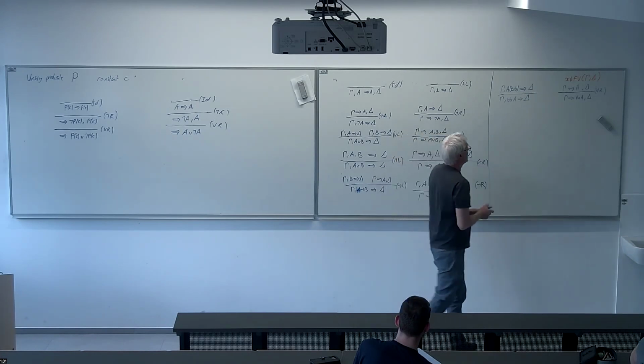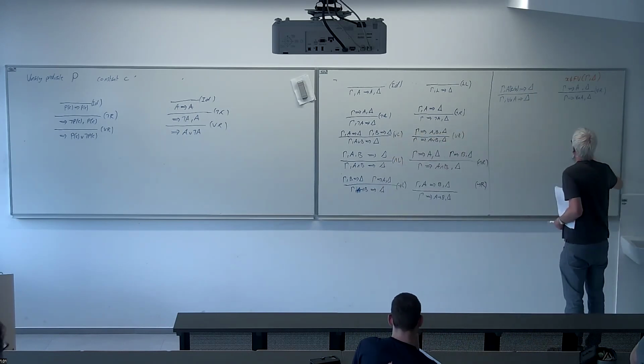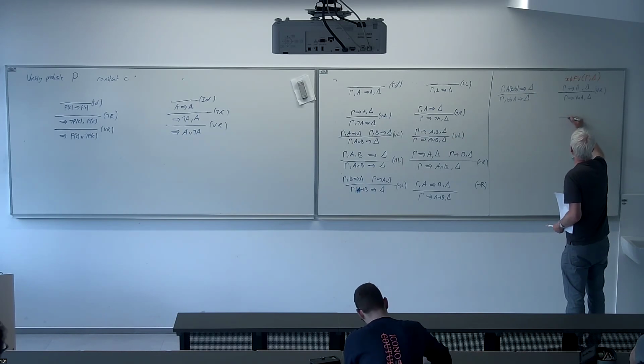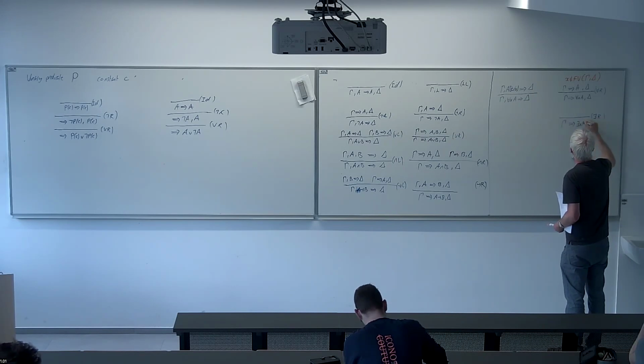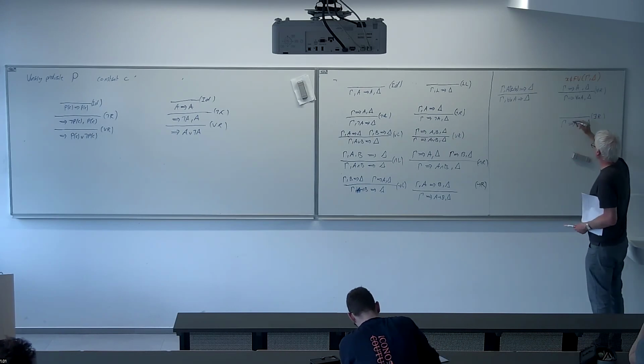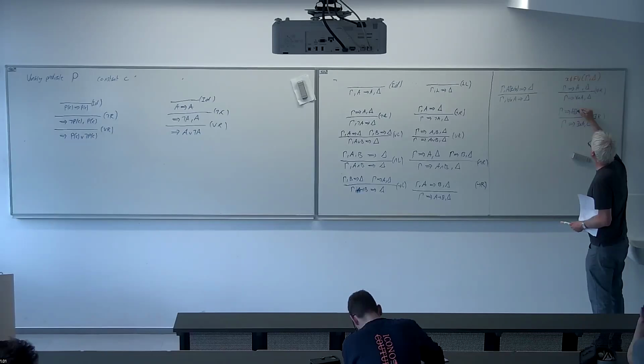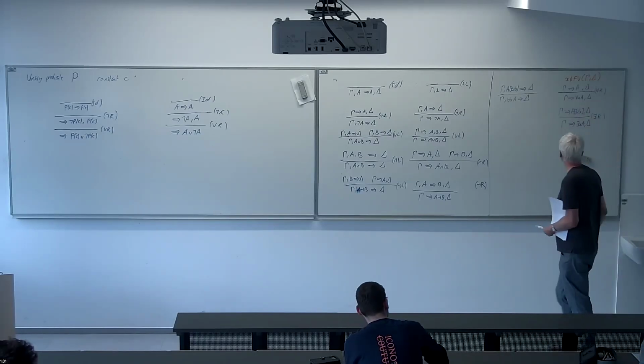And the rules for the existential quantifier are completely symmetric. So to prove an existentially quantified formula on the right, it's enough to prove any term substitution.